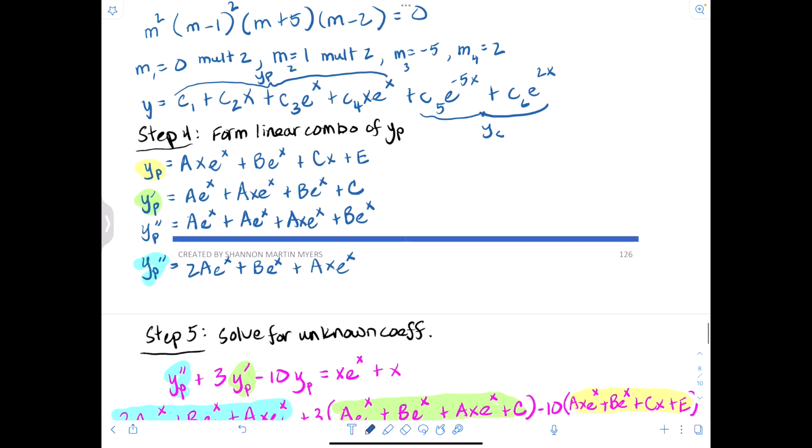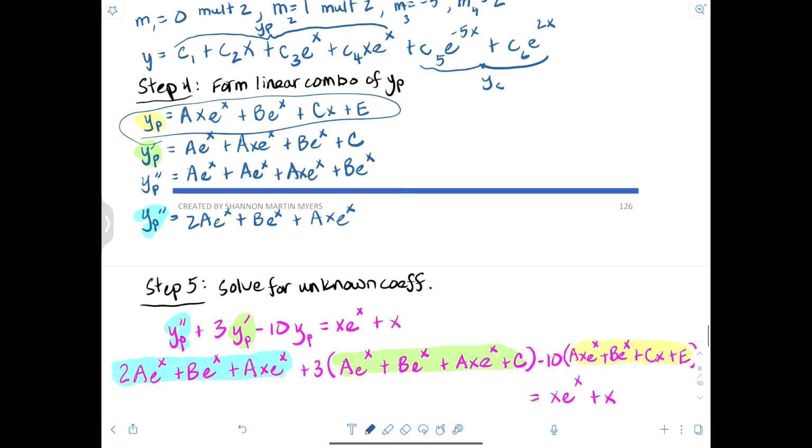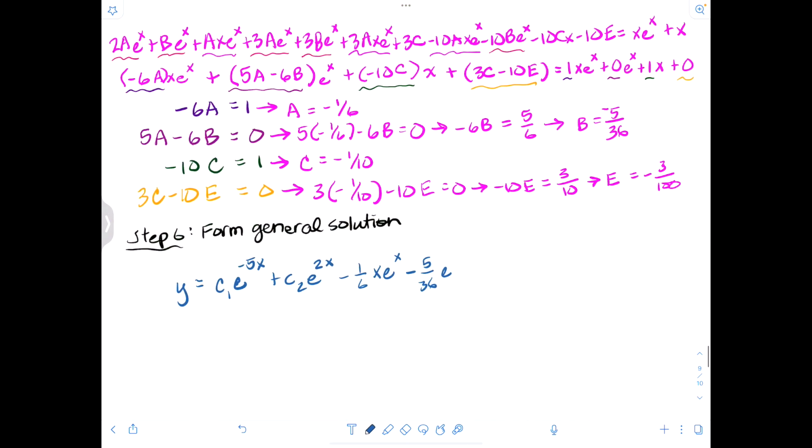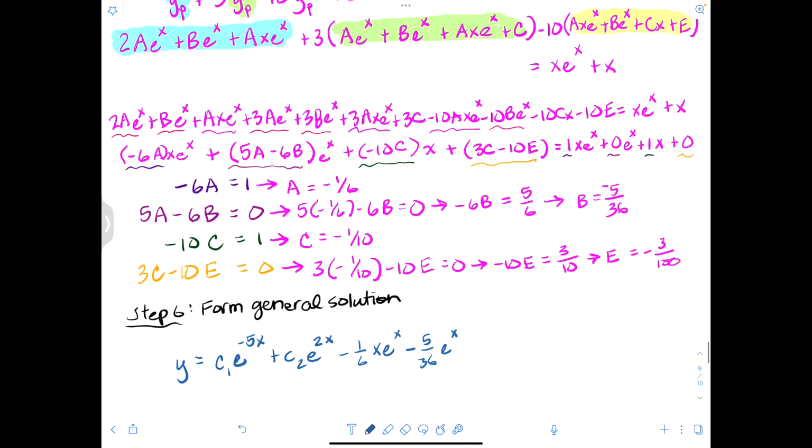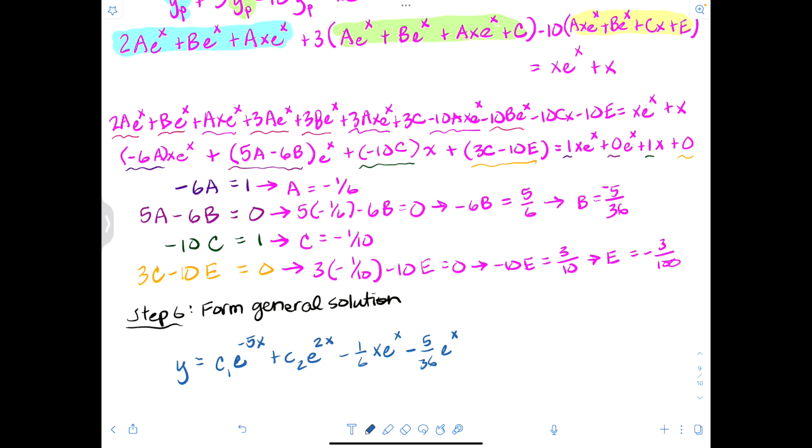I'm getting it from right here. And then C was paired with x, and C was negative 1/10. And then we have our constant term, which is minus 3/100ths. And that's it. Isn't that groovy?